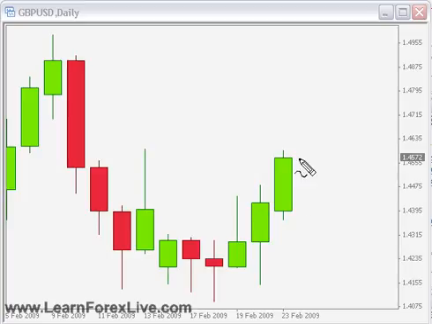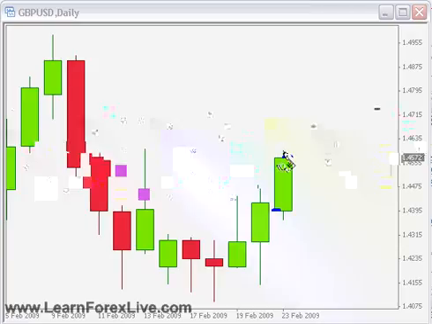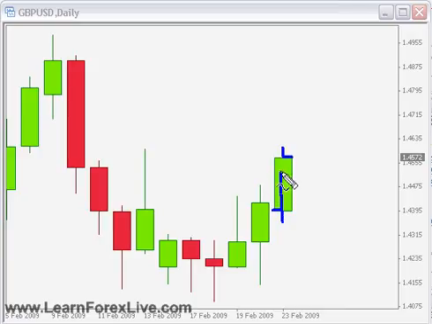Again, please take a look at this last candle. We have the open, the close, the high, the low, and if we link that up, as you can see, we basically get a bar chart. It's basically exactly the same thing.